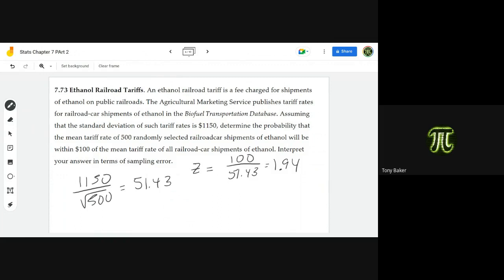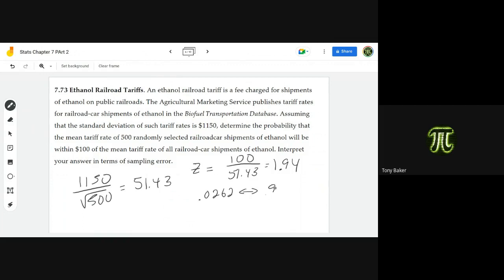Okay. So now that I got my z-score, I got to go to my table, right? And look for the percentages. So what's the percentage on the low side? So 0.0262. And what's the percentage on the high side?